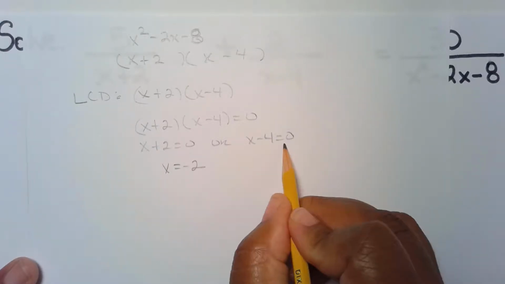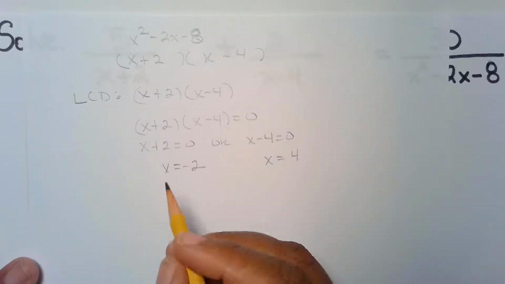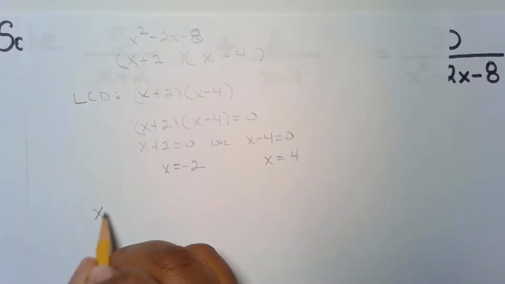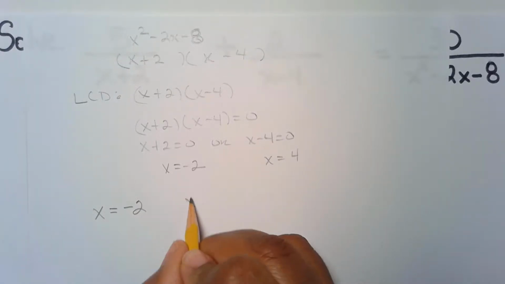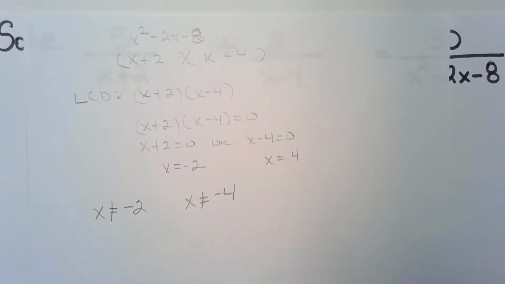And then x minus 4 equals 0, therefore x is equal to 4. So our restriction, we're saying we can have all of these numbers in the denominator except what? We cannot have negative 2, nor can we have 4. We cannot have those values as a solution.